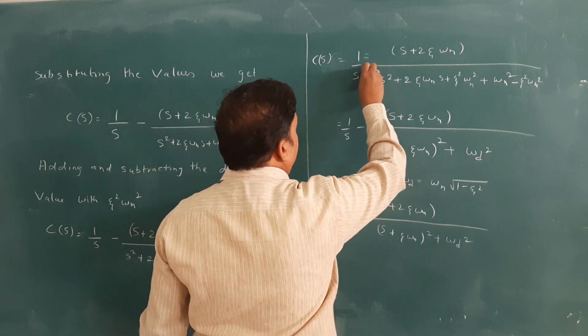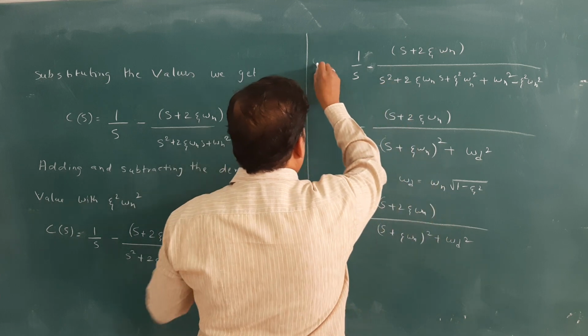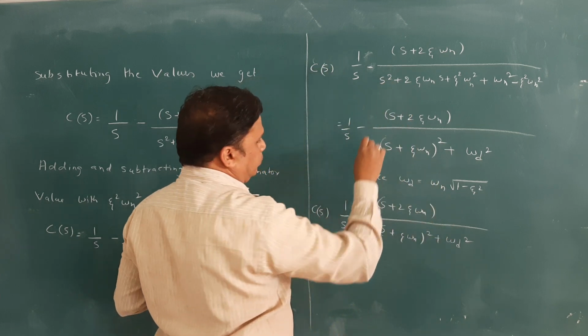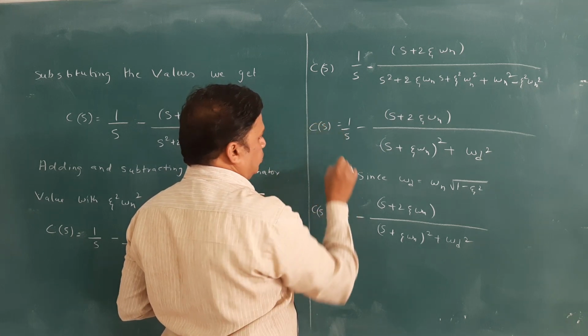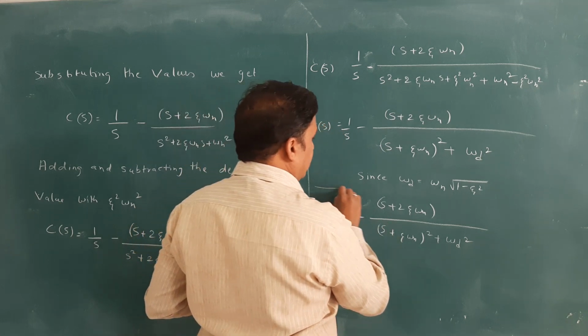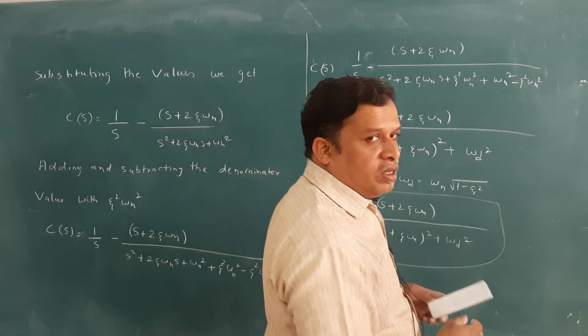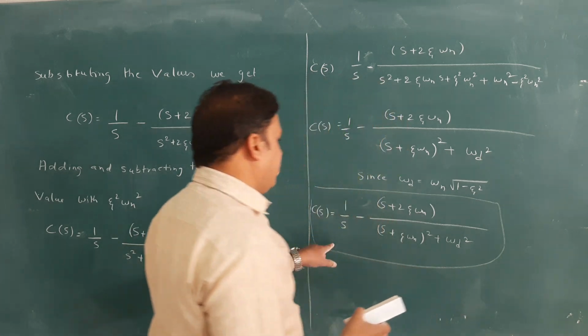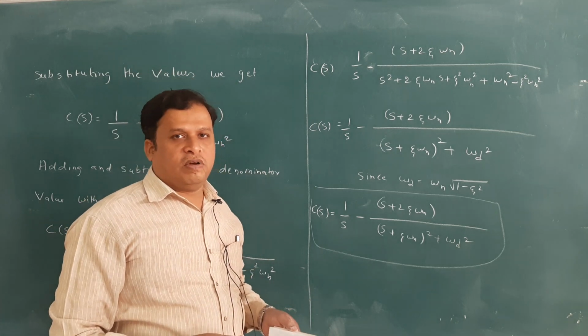Here it is a minus value. So C of s is equal to this complete equation. Now from this equation, we have to get it into the standard Laplace transform form.